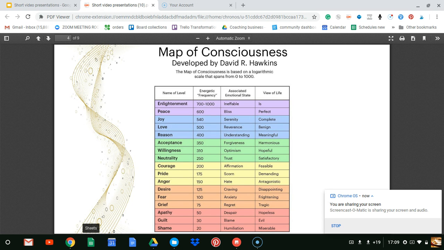So you're probably above 200. Hopefully that puts your mind at ease, and don't get sucked into judging yourself too harshly, because that's just the ego mind talking. Just look at the map and see, okay, I'm somewhere between here and here, and set an intention of where you want to be.